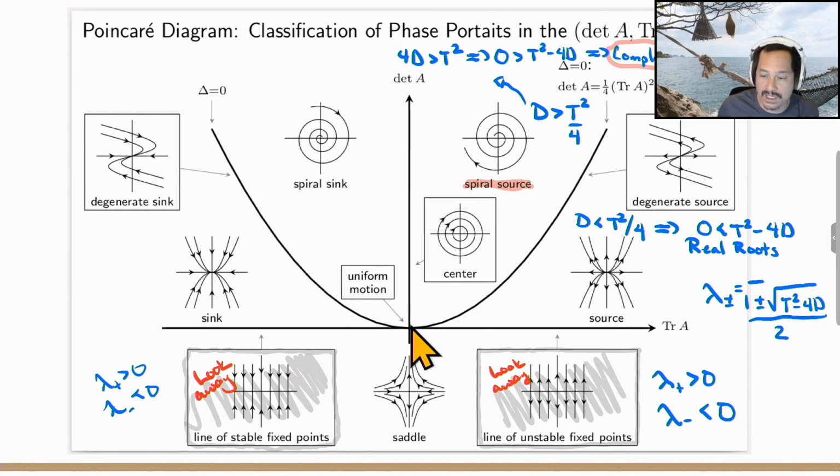Okay, there's one last region that we need to criticize, and that is right here. Tell me, on this line that I'm trying to point out, on the positive determinant axis, what is the trace?